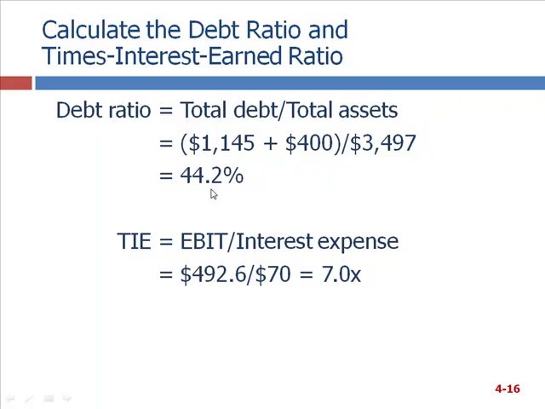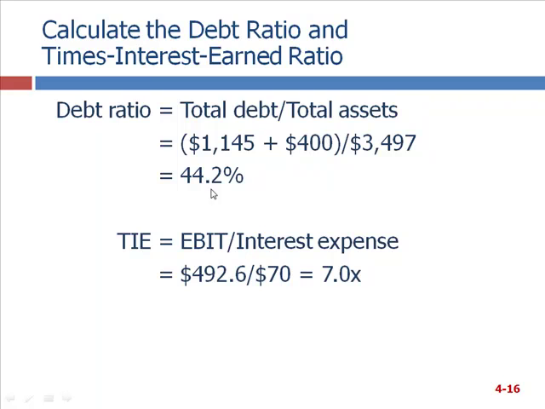And conversely, if I say, does the company have very little equity financing, I'd be asking you, does it have a lot of debt financing? So that's the debt ratio, also called the debt to asset ratio. It tells us how much debt financing we use.